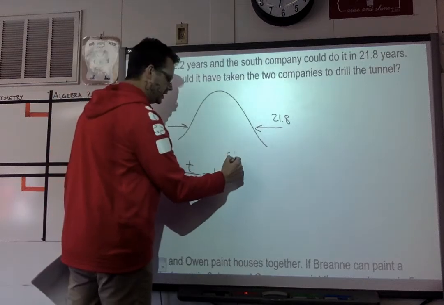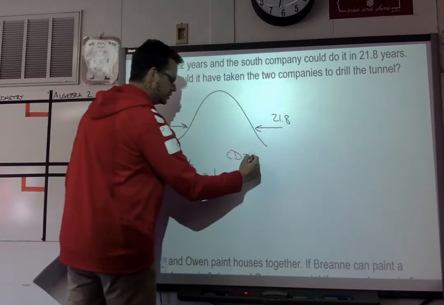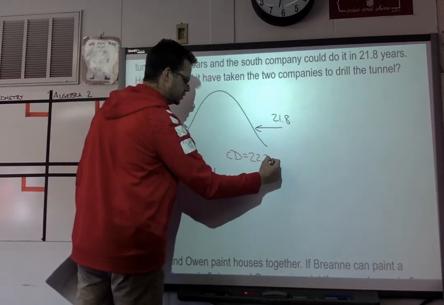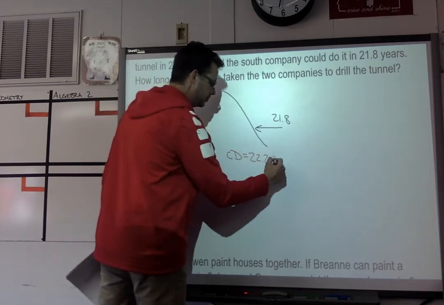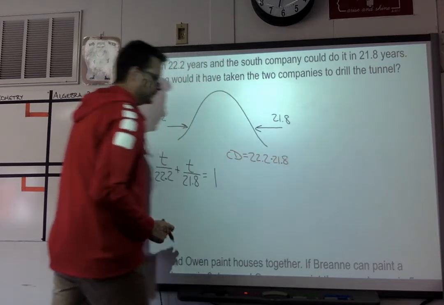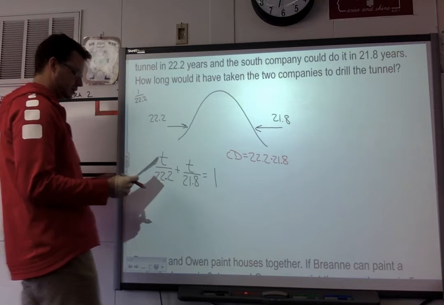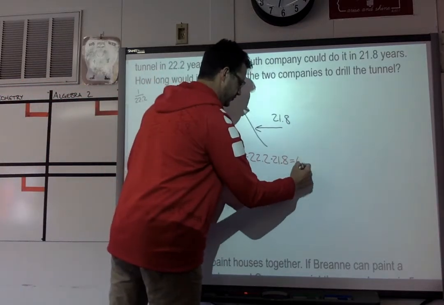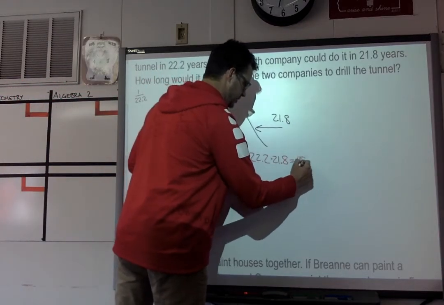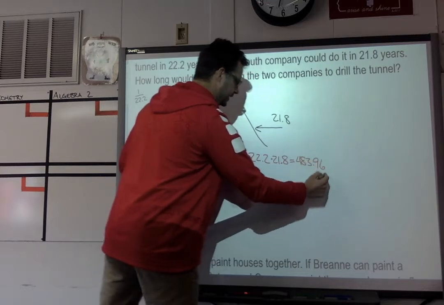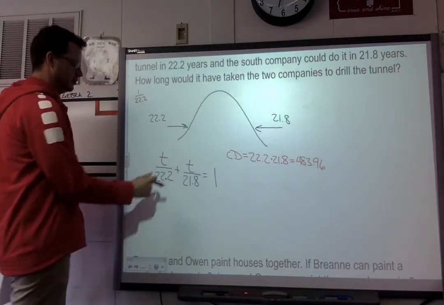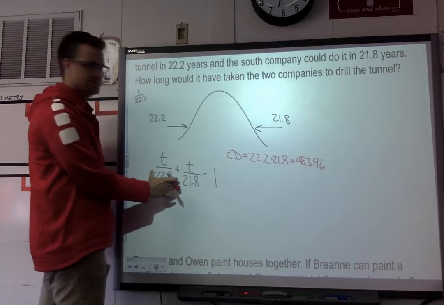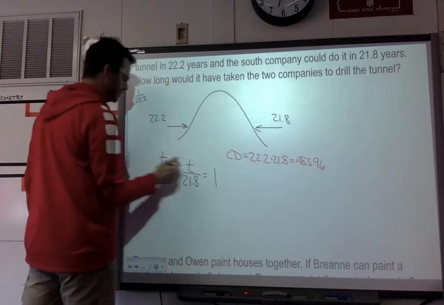What would our common denominator be here? Our common denominator would be 22.2 times 21.8, which would be 483.96. But to make it easier to cancel, I'm going to leave it in this form.